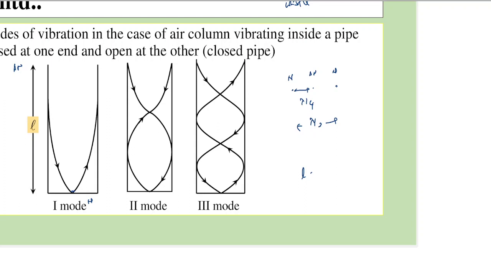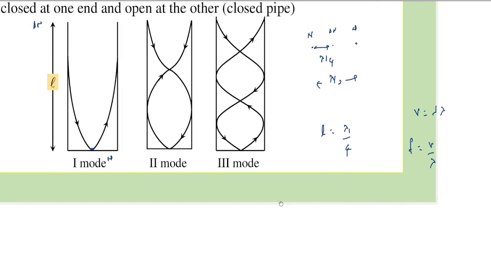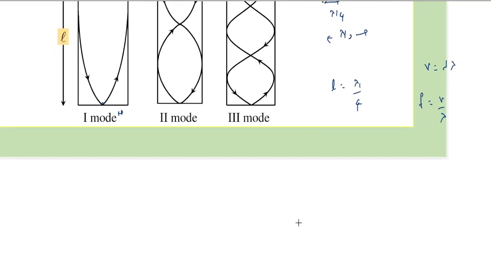This means the length L contains 1/4 of the wavelength, because the distance between a node and an antinode is lambda by 4. Velocity is equal to f into lambda, which means frequency is equal to v by lambda. So here the fundamental frequency, which we call f1, is equal to v by lambda, where v is the speed of sound in this medium, which is air in this case.